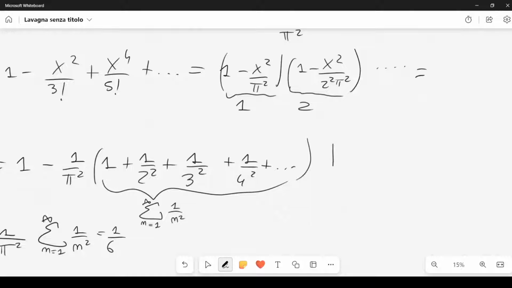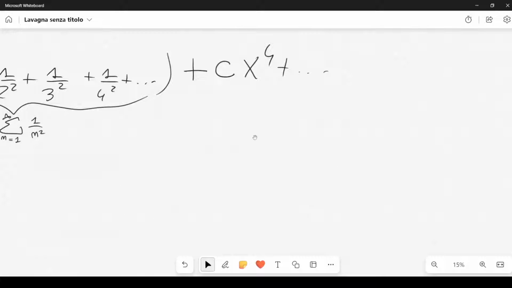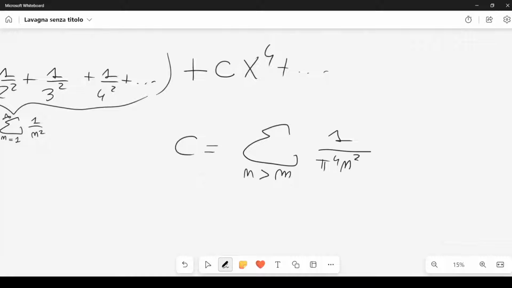Well, we know that we get something like this. We get some constant c, which multiplies x to the fourth, and then you have higher order terms. So the constant c will have to be equal to the following. In particular, we have to sum over n greater than m, and then we have 1 over pi to the fourth n squared m squared.